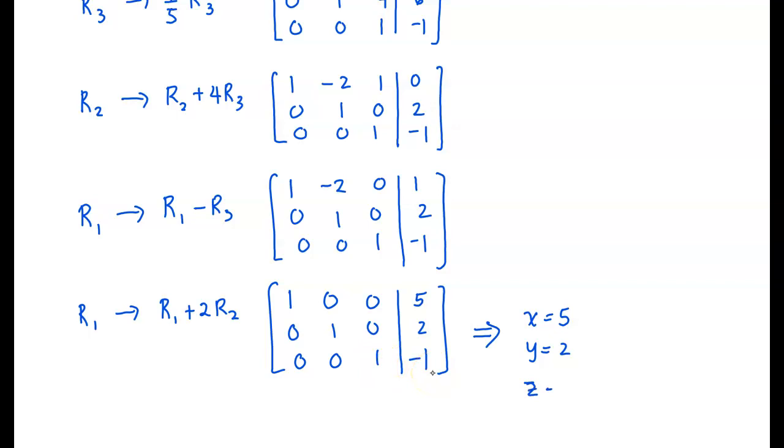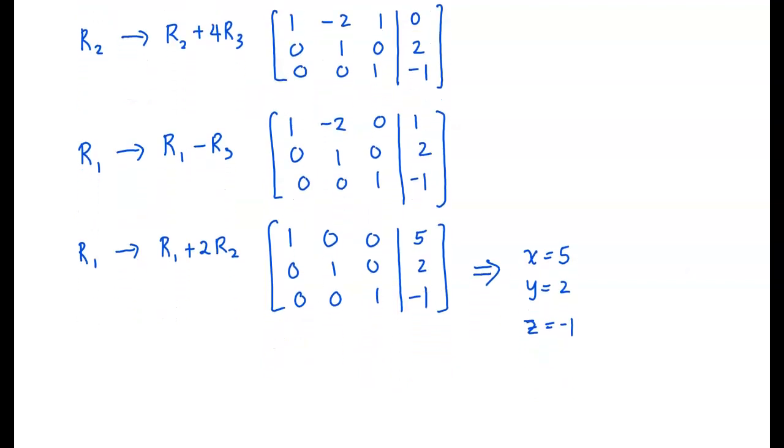So that's the solution. So we can write the solution as the ordered triple. So we have a unique solution here given by (5, 2, negative 1).